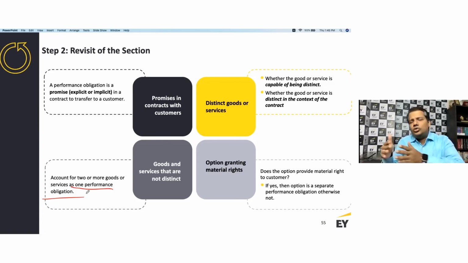Then we're going to talk about determination of the transaction price and allocation of the transaction price to each of the performance obligations, and there are many other nuances which we're going to try and cover. But the important thing is that we have to identify all my performance obligations, and that is principally going to come from your contractual terms and your customary business practices. All of this is what we need to understand.